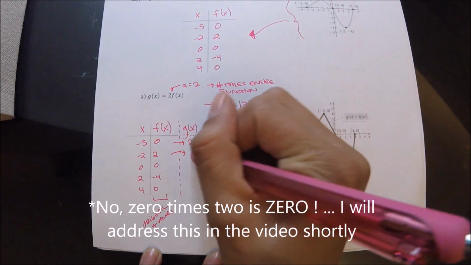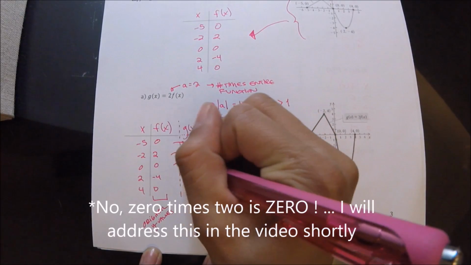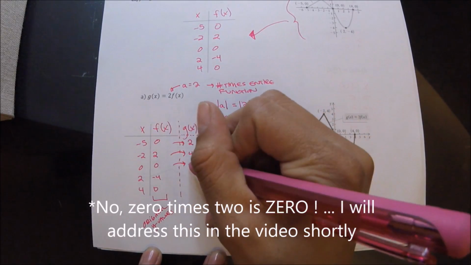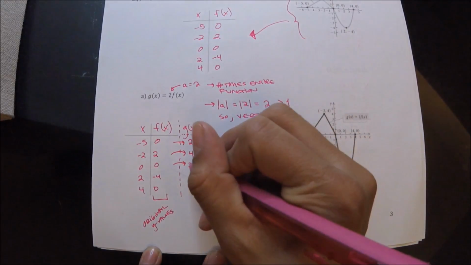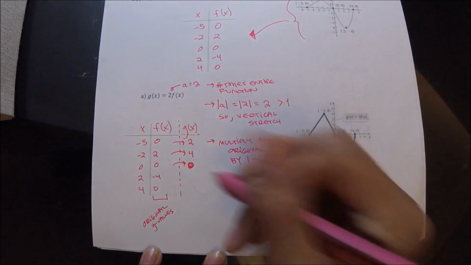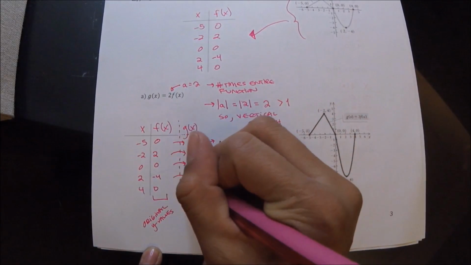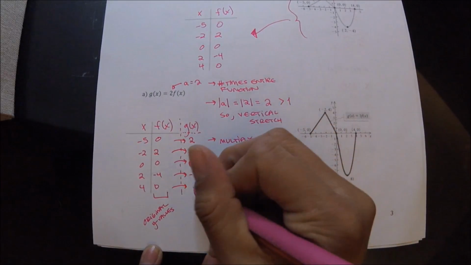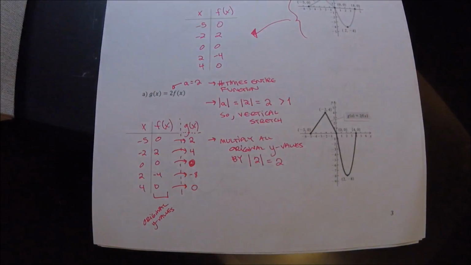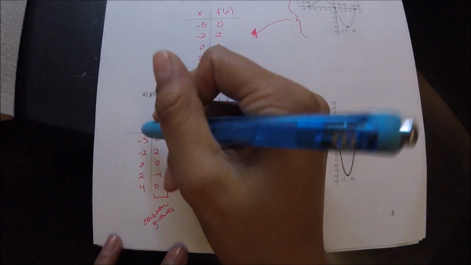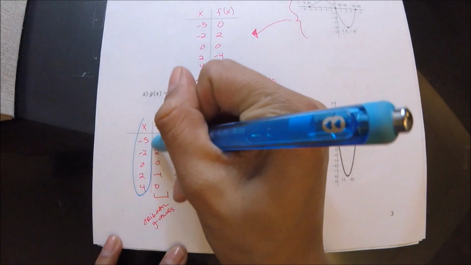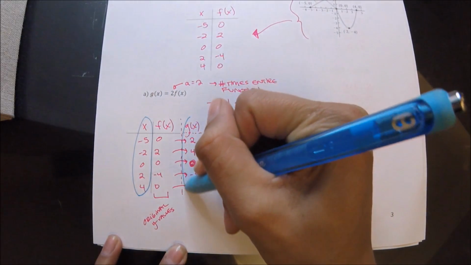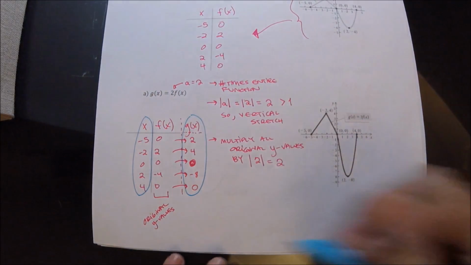2 times 2 is 4. 0 times 2 is 0. Negative 4 times 2 is negative 8. And 0 times 2 is 0. Now what this is doing is we have our x values, and these are our new y values.